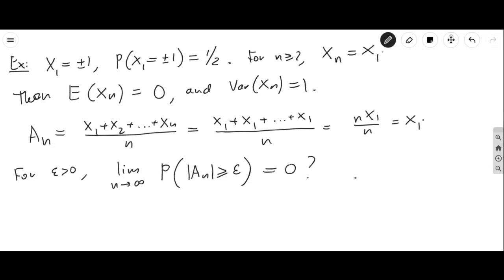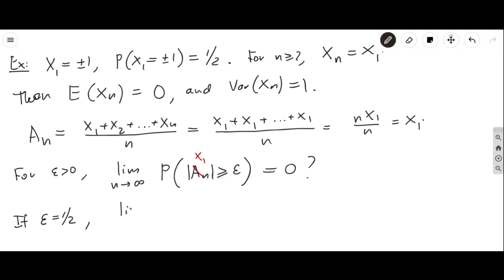So let's pick a particular choice for epsilon. If epsilon is 1/2, we're choosing 1/2 not because that number is special, but we want to choose something smaller than the random variable, because an is just x1.